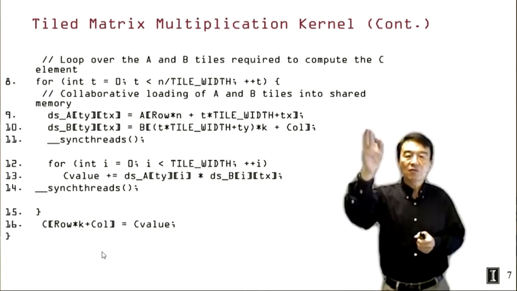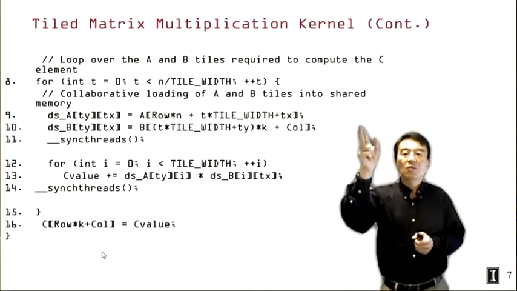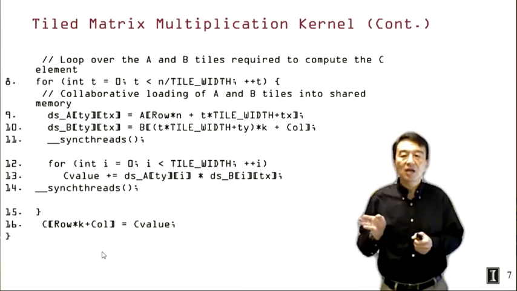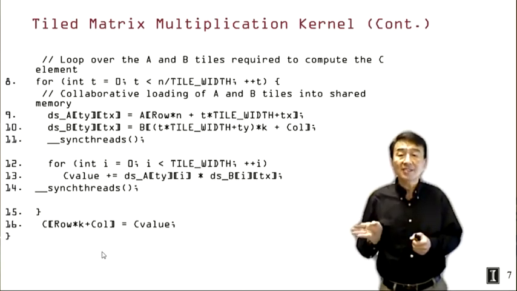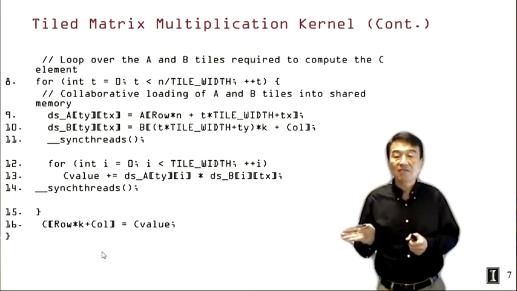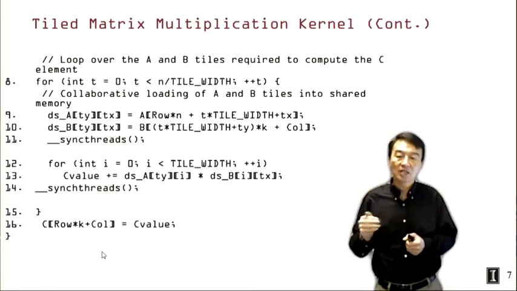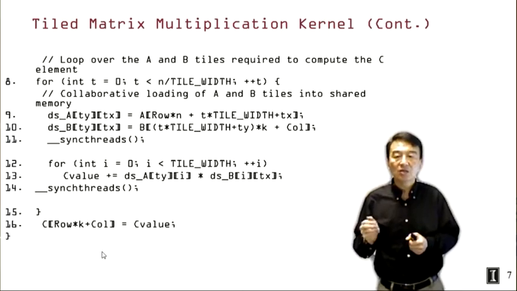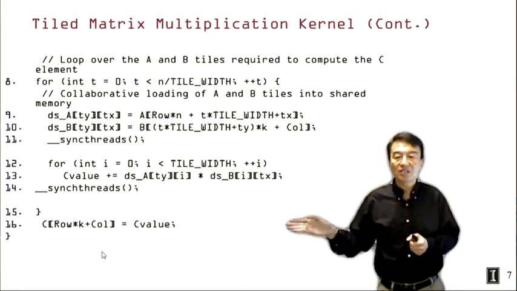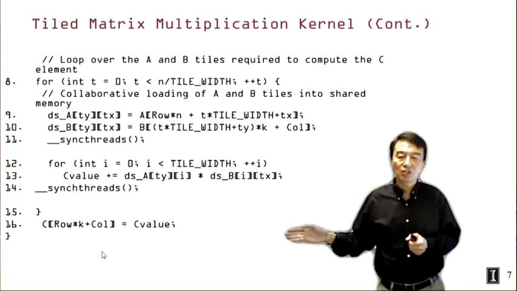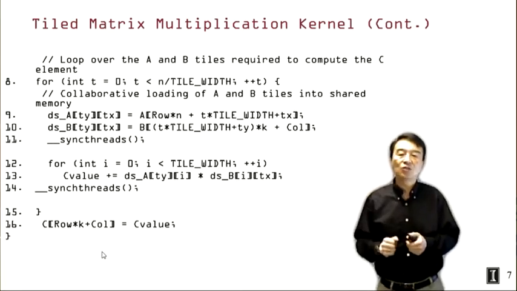After we finish all the tiles, we will come out, and now we have all the C element values in the C value register variable in the threads. So all the threads will now write out their C values according to the row and column positions that are determined by their thread and block indices. So this writes the result into the final C outcome.